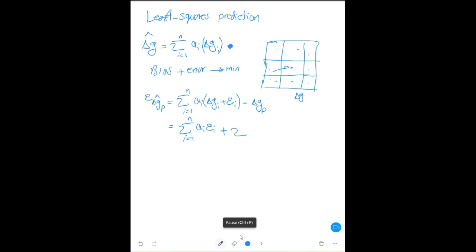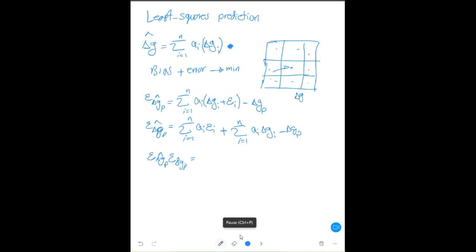If I expand this error equation, I come to the summation over i of a_i epsilon_i, plus the summation over i of a_i delta G_i minus the true value of the predicted gravity anomaly. The last two terms are actually the bias of the estimator, and the first term is the error.